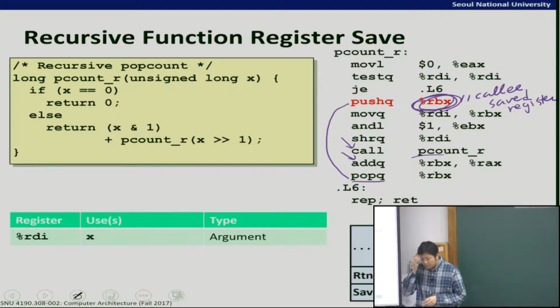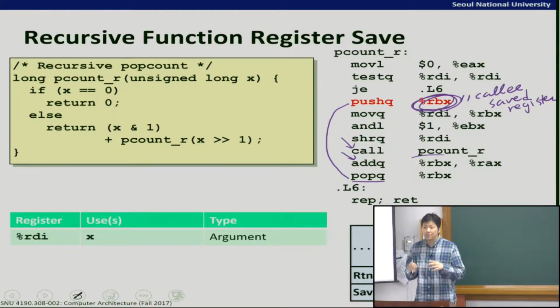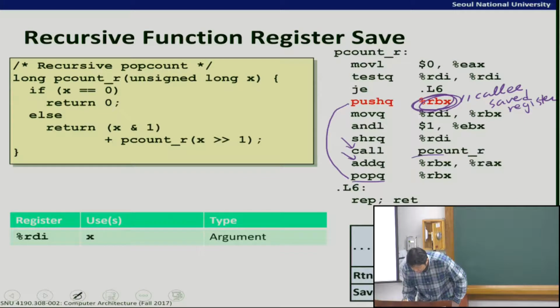So this function uses the RBX register as a backup register, to preserve some value that needs to be preserved across the function call. So let's see what's happening. It first pushes the value of RBX to back up the value. And as I said, this value will be restored before it returns to the caller, because it's a callee-saved register.